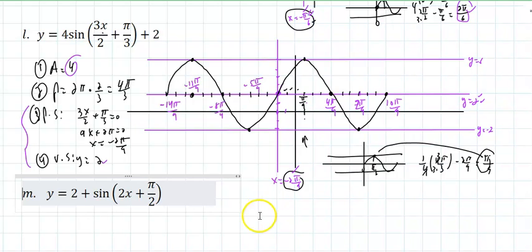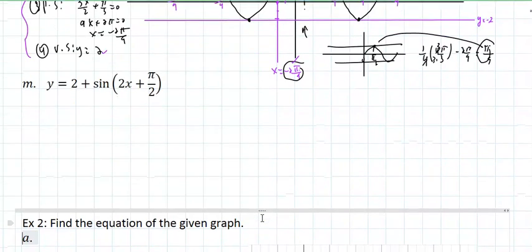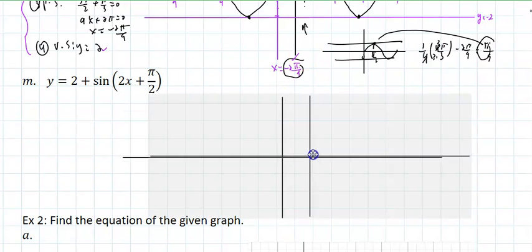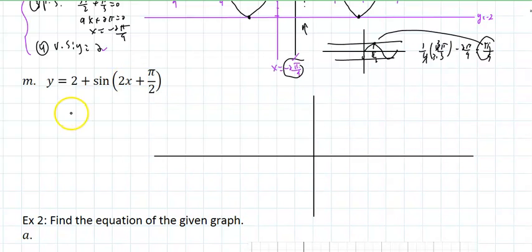I have one more to go, and then a couple of going backwards. If I look at this graph, well, let me put the grid. There's always a grid. And just for the beauty of it, let's make that a minus.